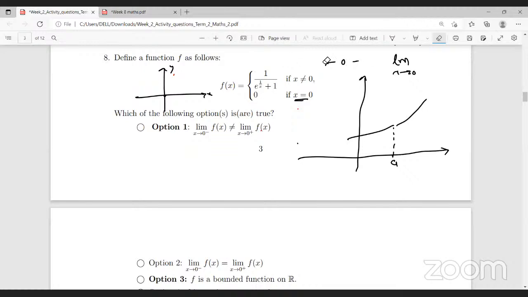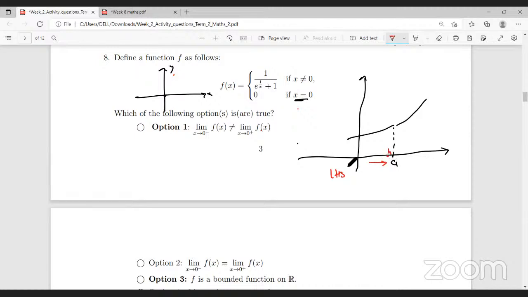Because it's a complex function, it is not any polynomial function. When you're going from the left hand side, we are approaching this value of a. We are not finding the value of the function at this particular point; we are just approaching this particular point. So I can consider this point at a distance h.